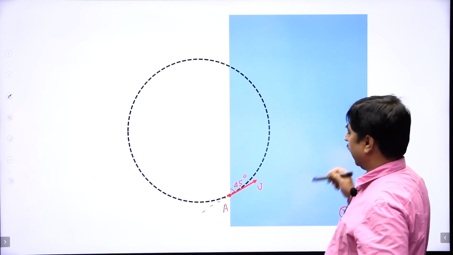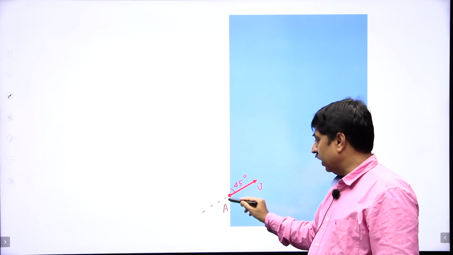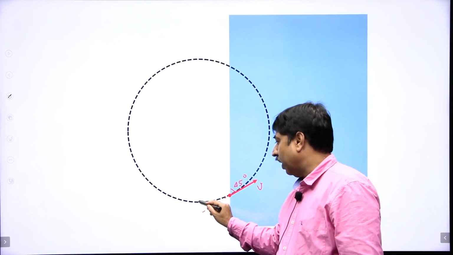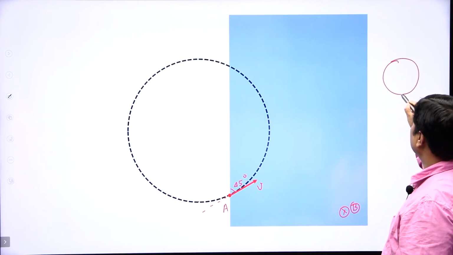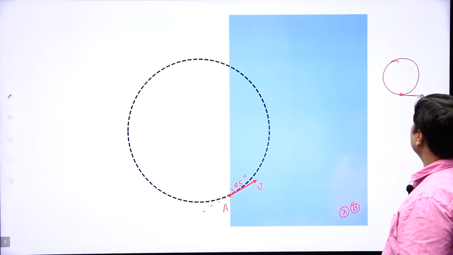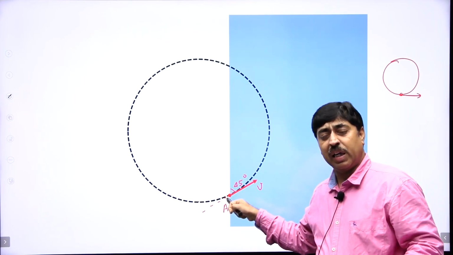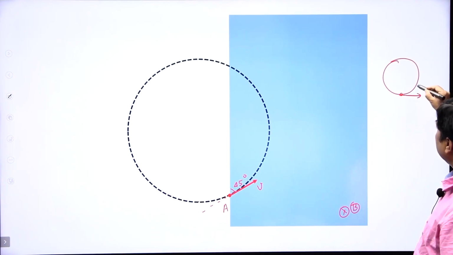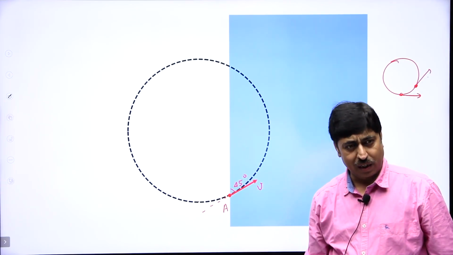Now if the question is saying that this is the magnetic field region and this is how the particle has been projected, you need to understand that the particle has not been projected at this point. If this is the circular path, then the velocity here is horizontal. But at the instant the particle enters the magnetic field, its velocity is not horizontal. So it is entering somewhere here, where the velocity is making an angle of 45 degrees with the vertical line.